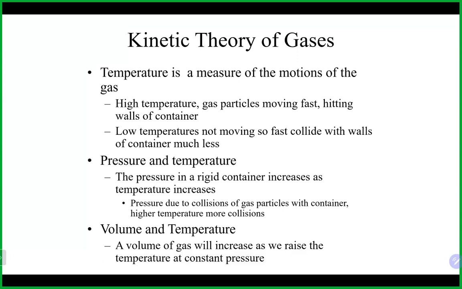In a rigid container, if we increase the temperature, we're going to see the pressure start to increase because the volume is not going to adjust. That's our Gay-Lussac's relationship. Also, if we lower the temperature, we will see the pressure start to drop. Charles' law, which is the bottom relationship that we talked about, is where it is the volume that adjusts to allow the pressure to remain constant.